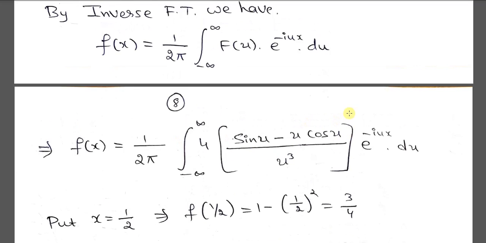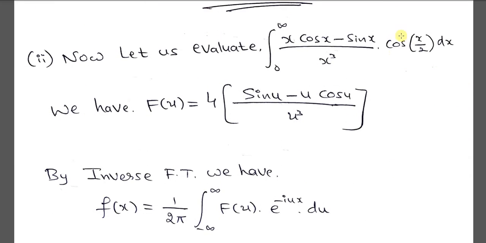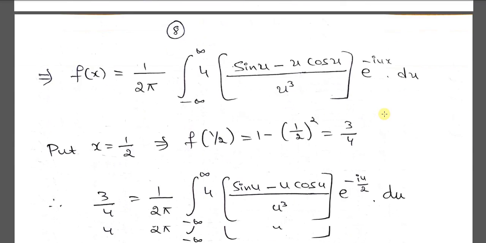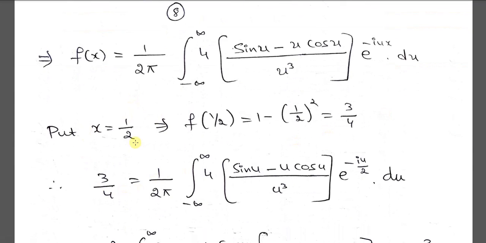Now when you see the problem here, we have to get the second term as cos of x by 2. That means we have to substitute the value of x as 1 by 2. So when you substitute x equal to 1 by 2, the function is 1 minus x square, right? So 1 minus (1 by 2) whole square, you get the answer as 3 by 4.